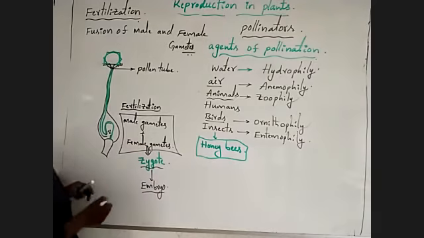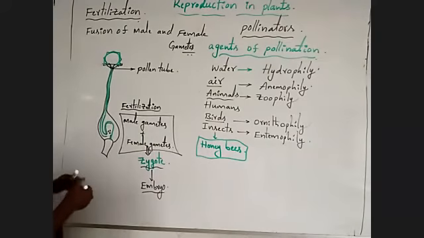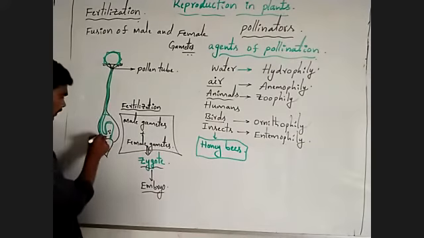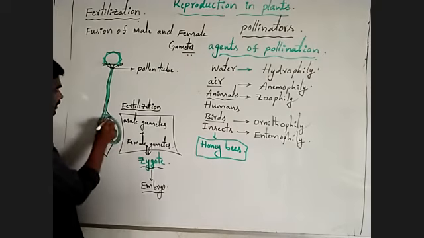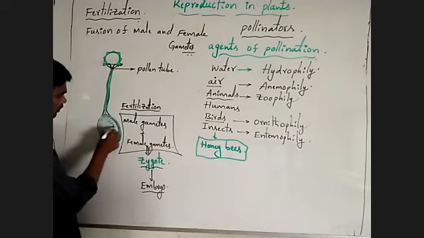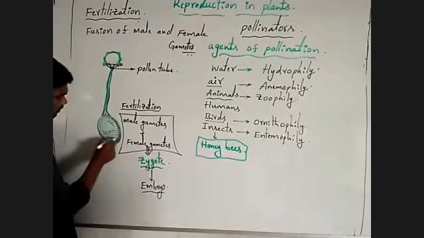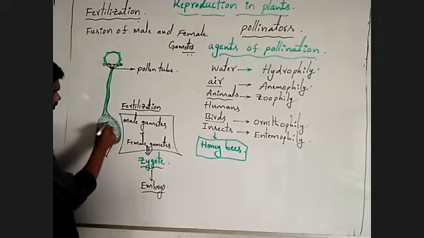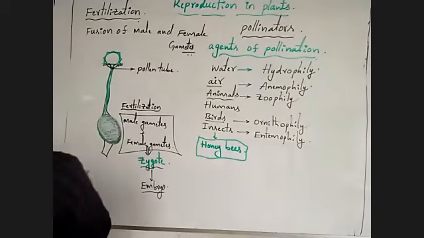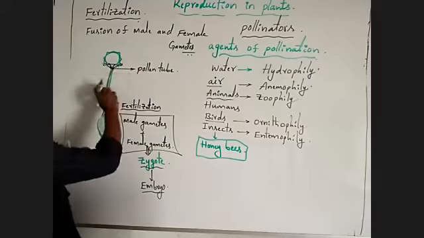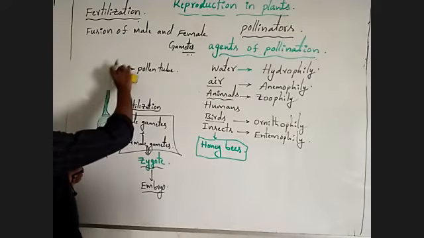After fertilization, the ovary becomes larger, and the remaining parts degenerate.